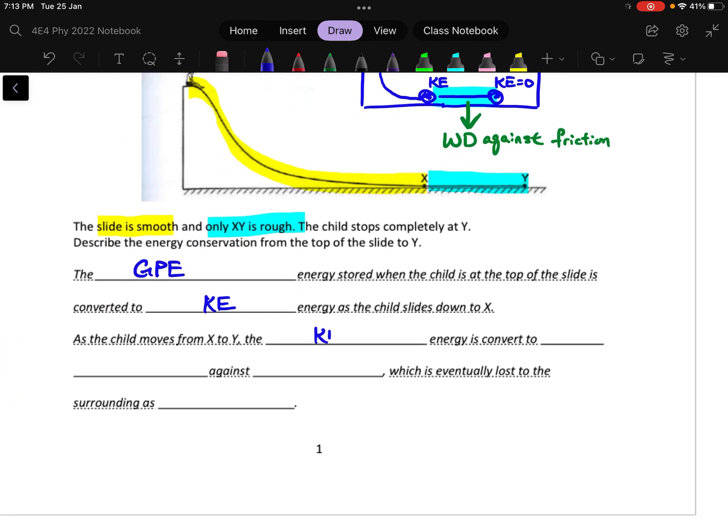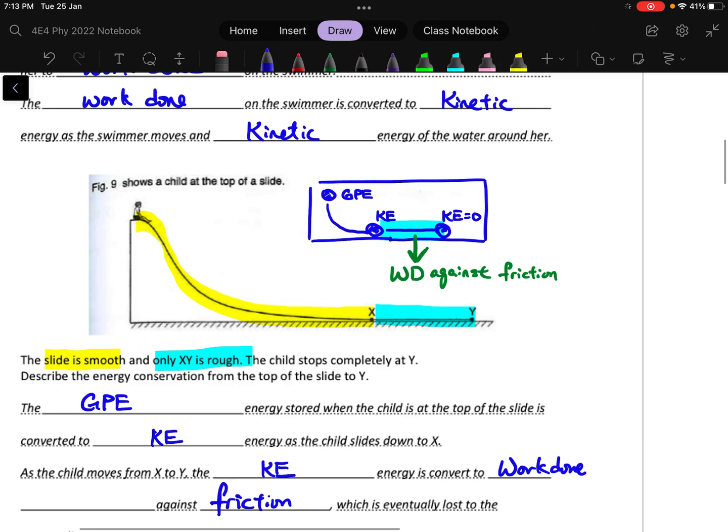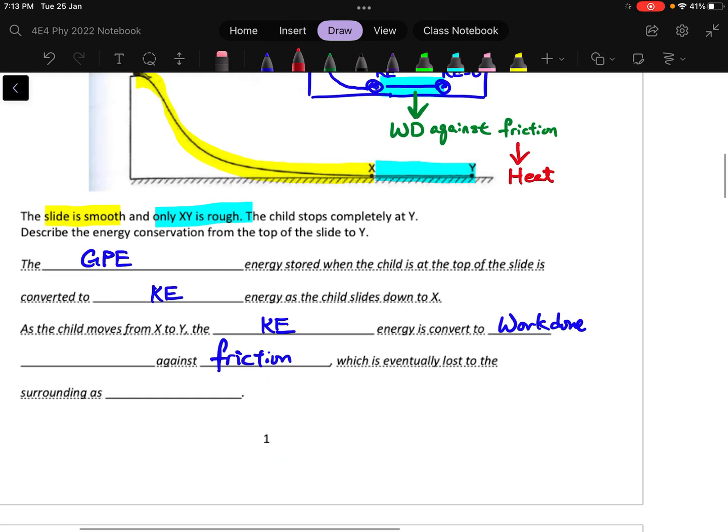It then must mean that this kinetic energy must have been turned into work done against friction, right? And this work done against friction will then be subsequently converted into heat or other forms of energy. So it will be lost to the surrounding, right?